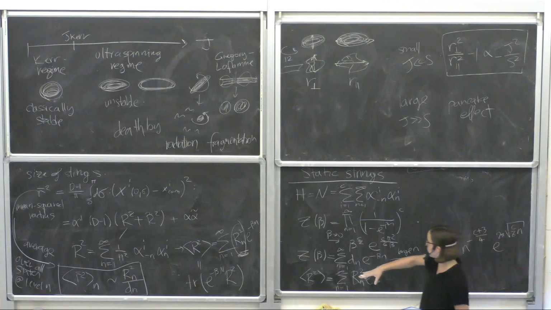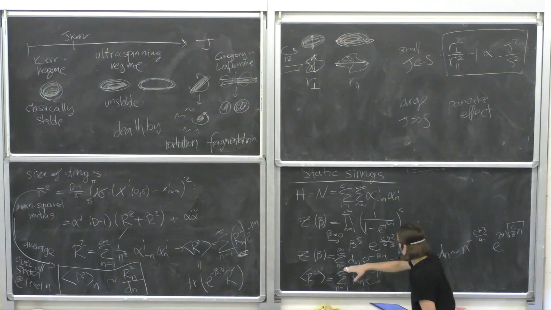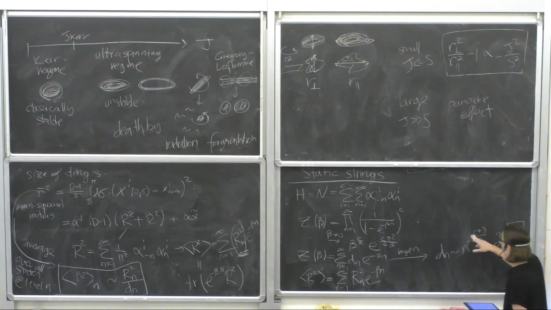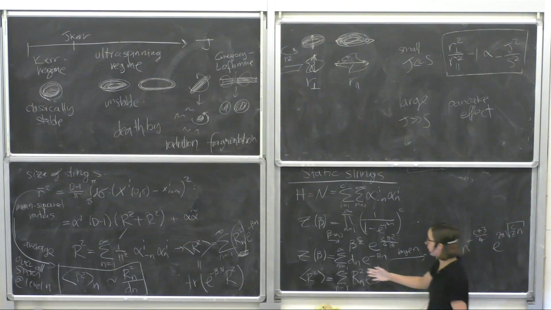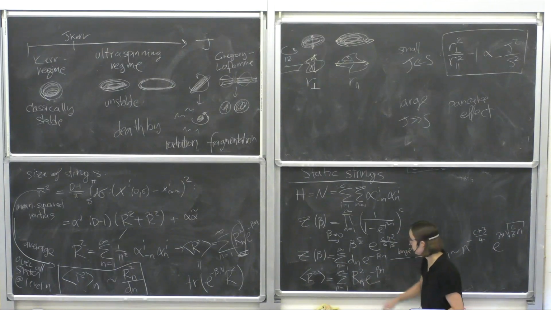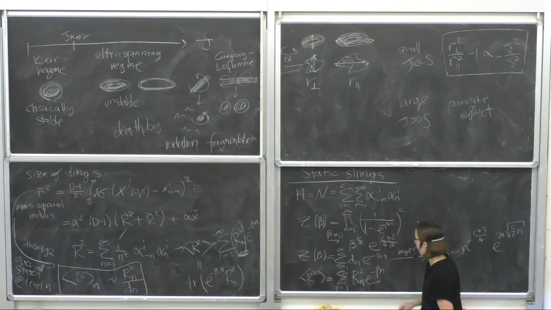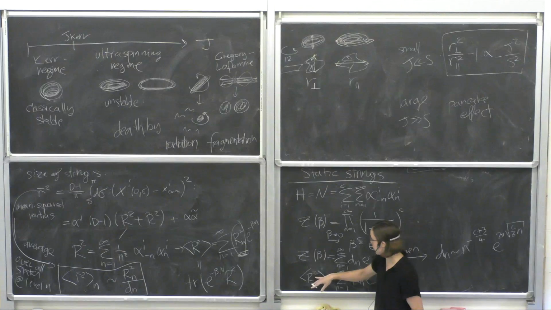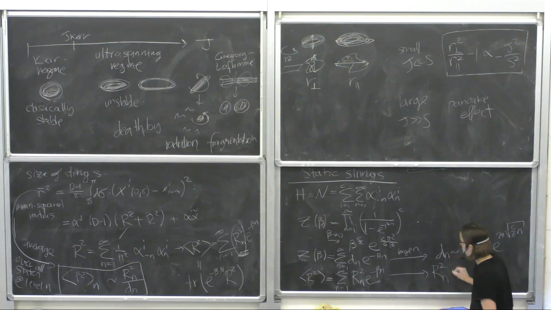We could extract the density of states by computing an integral that we evaluate at large n using the saddle point approximation, and that was the result. Now a similar story here. We want to extract this coefficient from the trace of e to the minus beta n times R squared. And so there will be a formula for this coefficient R_n squared that involves an integral that we evaluate at large n in the saddle point approximation.